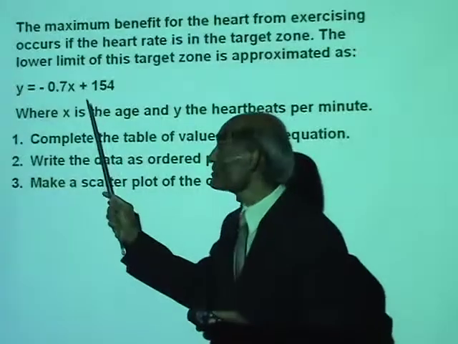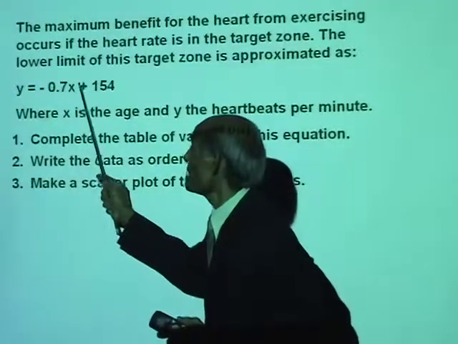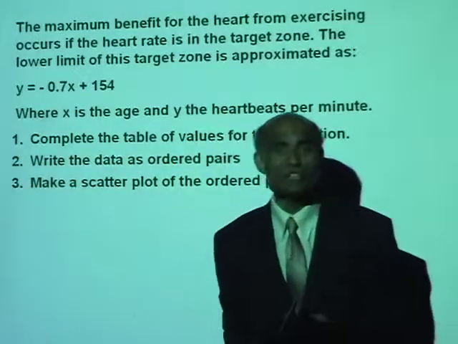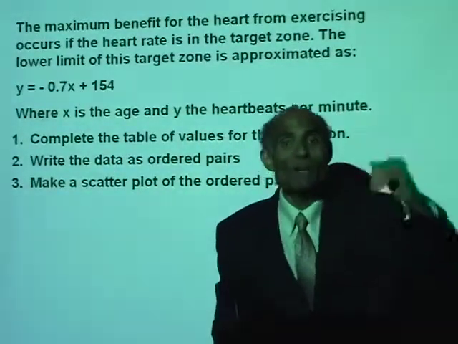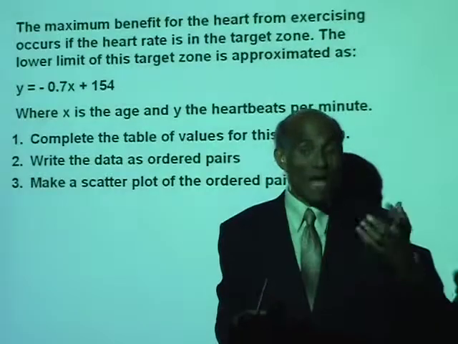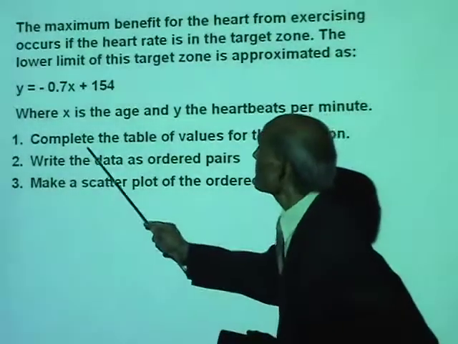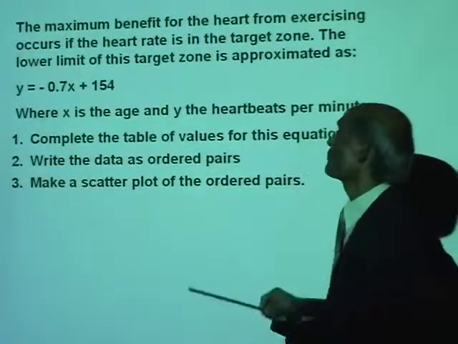So it tells you actually that the number of heartbeats, y, depends on your age. As you become older, the number of heartbeats can change. Okay. Complete the table of values for this equation.